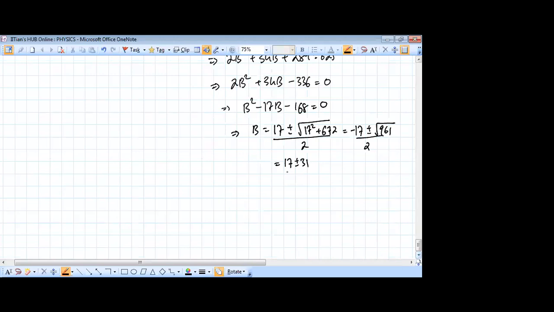Okay. So you'll reject the negative root and take only the positive root.